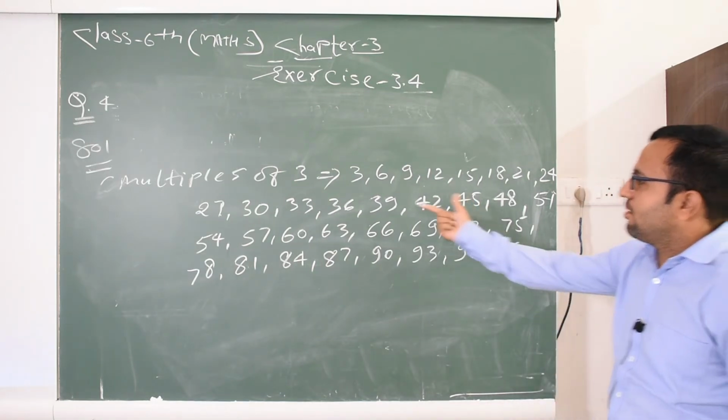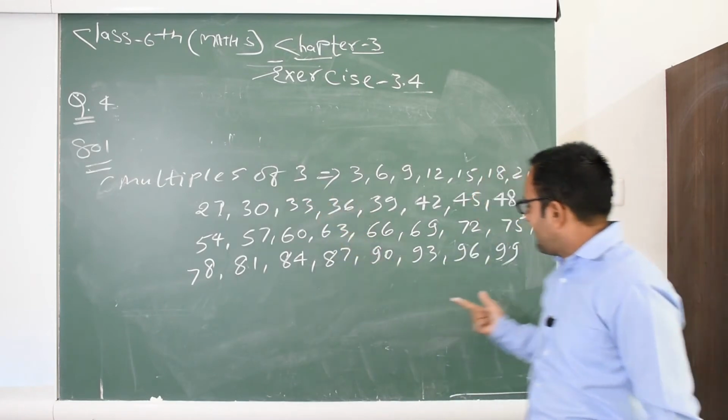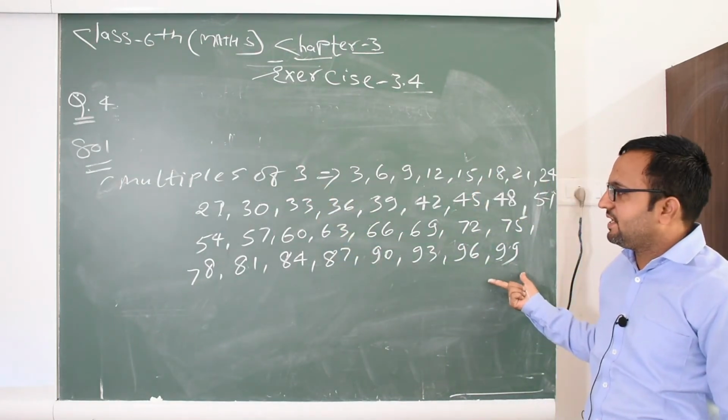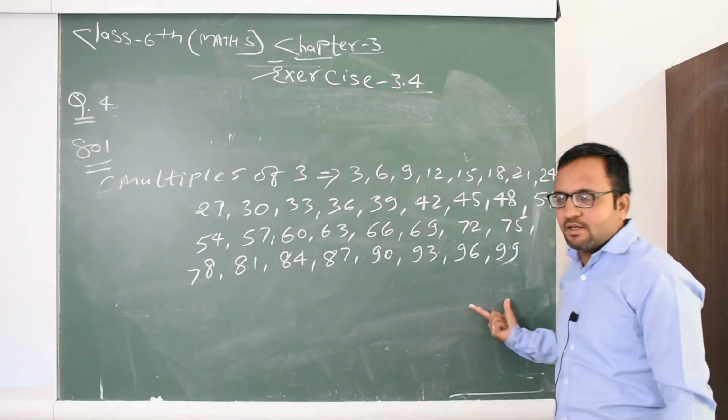So these are the multiples of 3 less than 100.